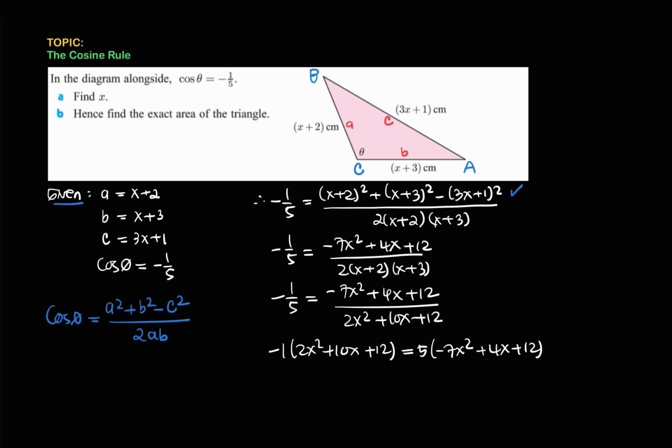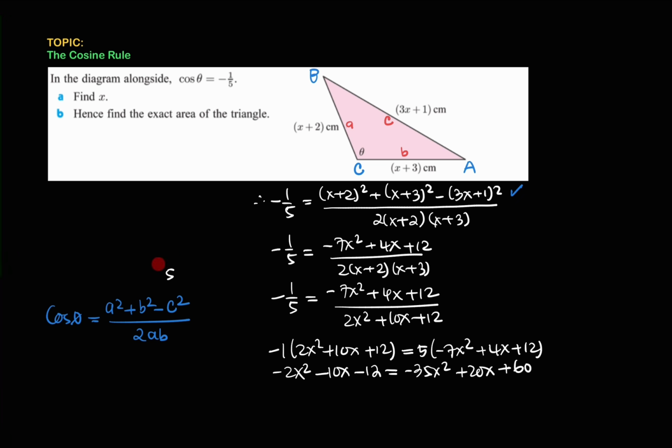So I get -2x squared minus 10x minus 12 equals -35x squared plus 20x plus 60. Now we convert it into a quadratic, so we move the whole thing, -2x squared minus 10x minus 12, to the right side.